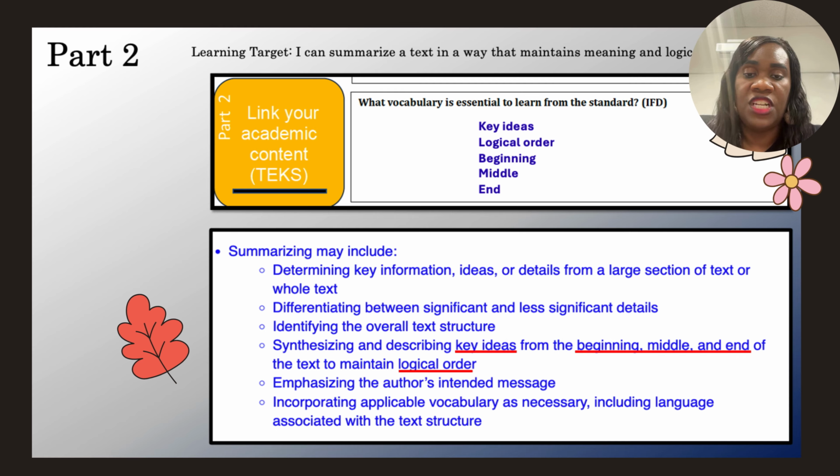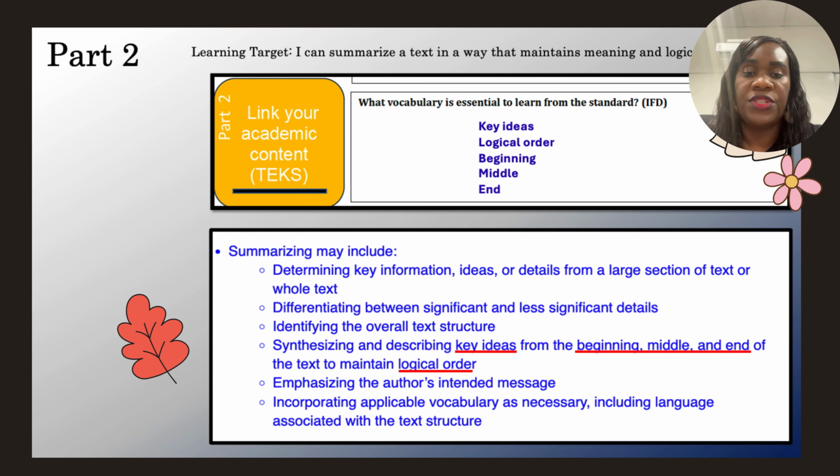Then it says differentiating between significant and less significant details, identifying the overall text structure, synthesizing and describing key ideas from the beginning, middle, and end of the text to maintain logical order, emphasizing the author's intended message, incorporating applicable vocabulary as necessary, including language associated with the text structure.